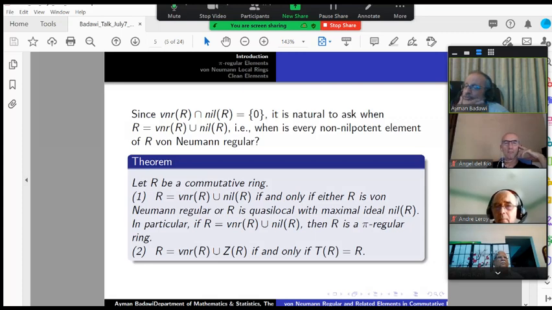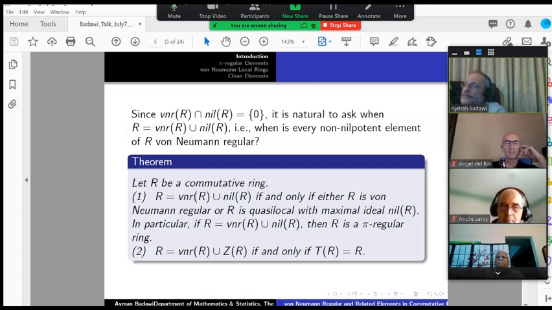Maybe some of you use local, but for me, I use local when the ring is Noetherian and has one maximal ideal. I think quasi-local is the notation of Gilmer. Okay?